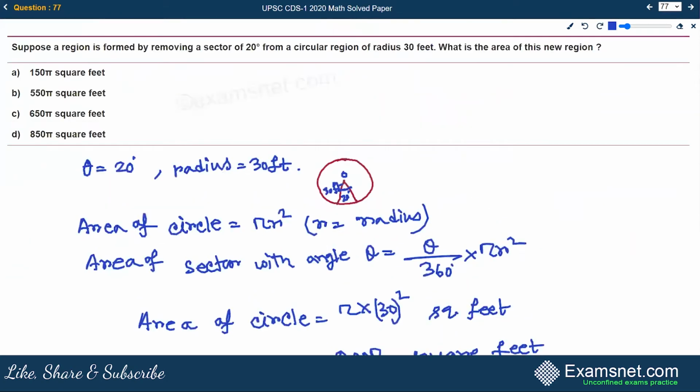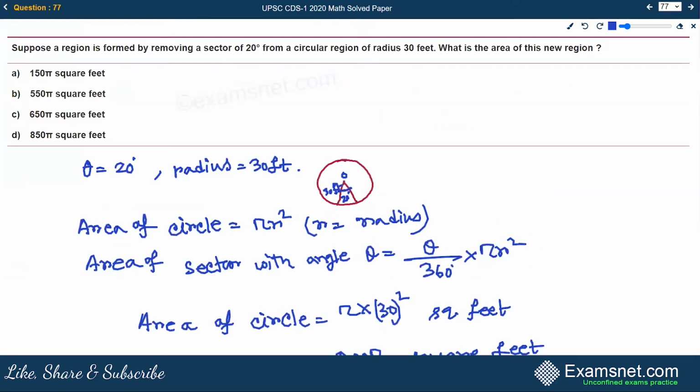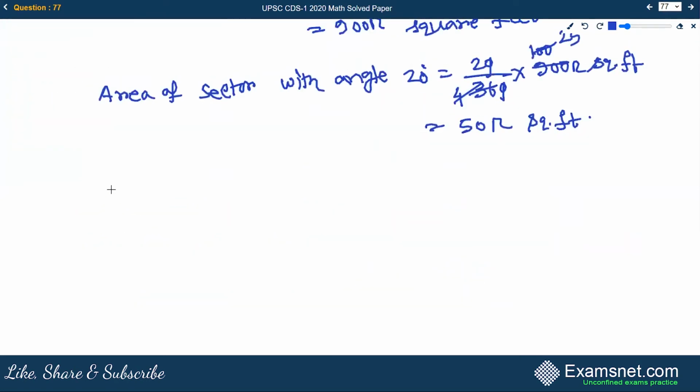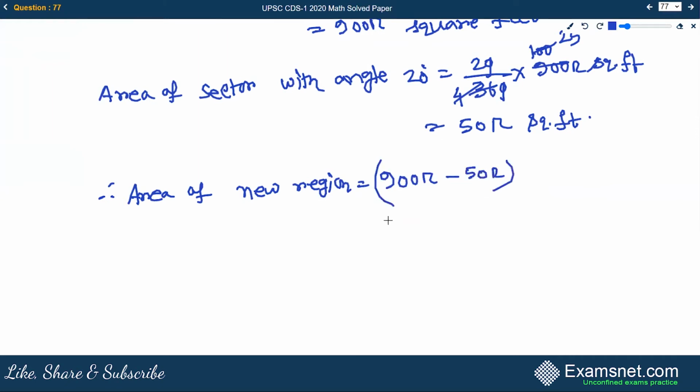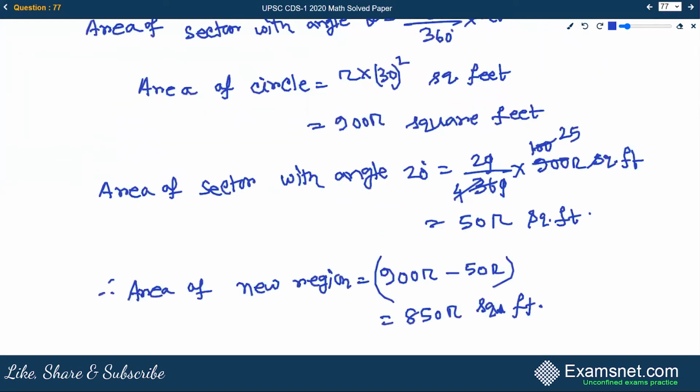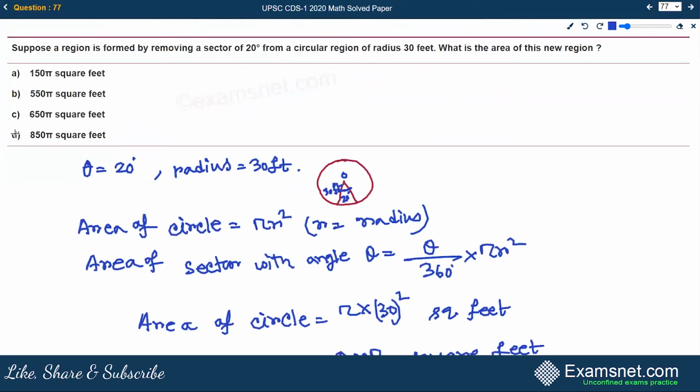Now what will be the area of the rest of the part if we remove that sector with 20 degree? Area of the new region is the area of the circle, 900 pi, minus the area of that sector, 50 pi. So it is 850 pi square feet. So the answer is option D, 850 pi square feet.